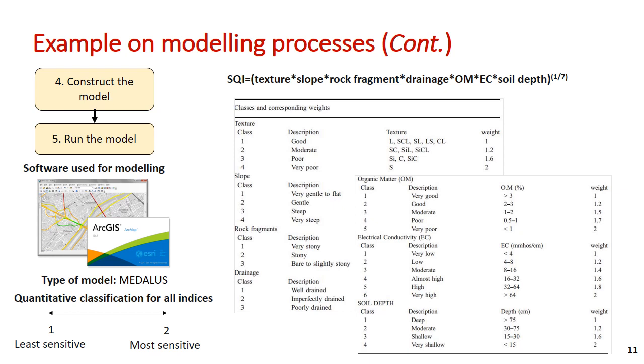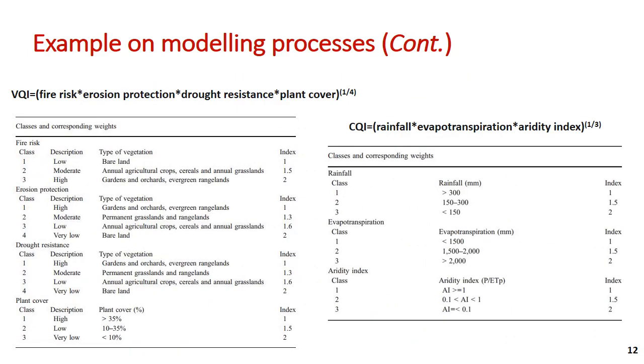So a value between 1 and 2 is given to each one of these factors. Then they also look, for example, at the vegetation quality index, and they collected all the information and classified it. And then the climate quality index, like the rainfall, evapotranspiration, and aridity index. And again, for each one of these indices, you would find an equation and a table.